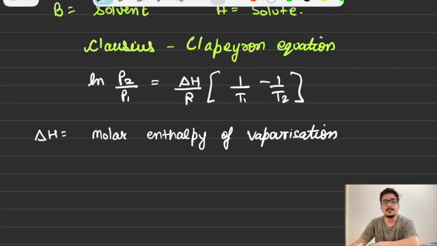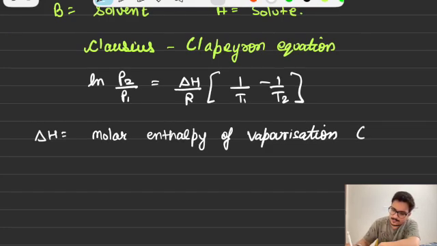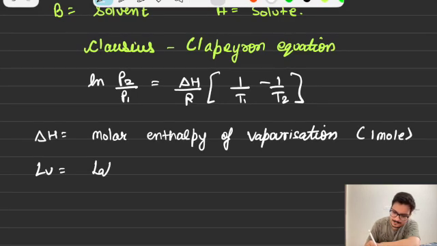It means if you have 1 mole of solvent, then the amount of heat required to evaporate that solvent is called the molar enthalpy of vaporization. Okay, it means this is for 1 mole, and LV is the latent heat of vaporization.